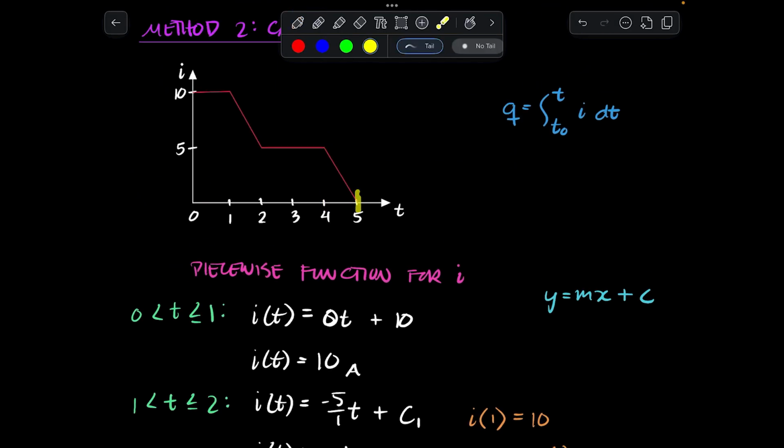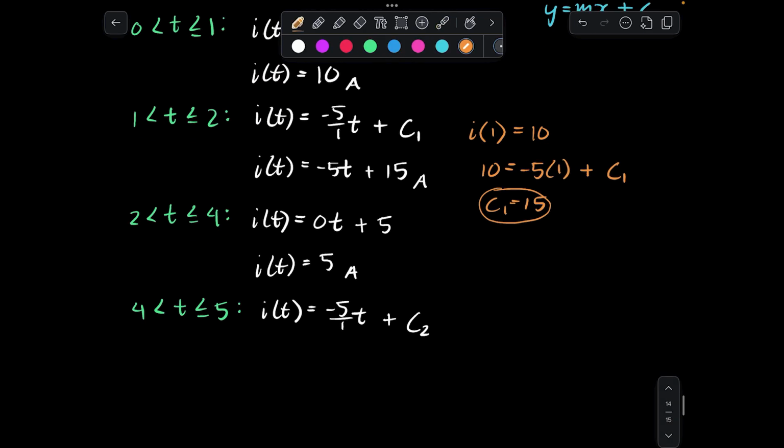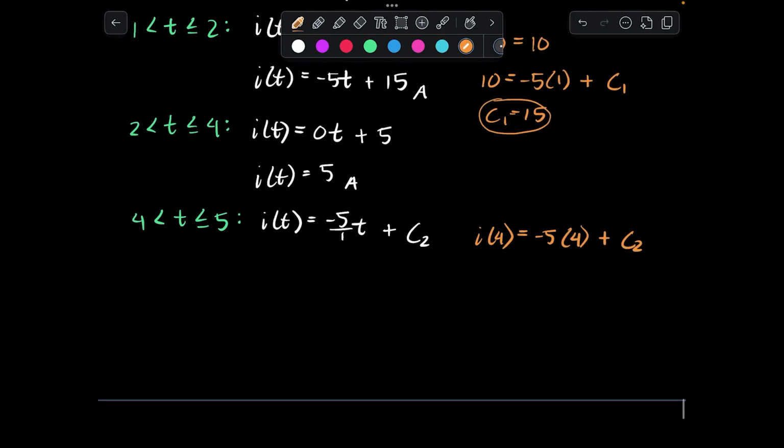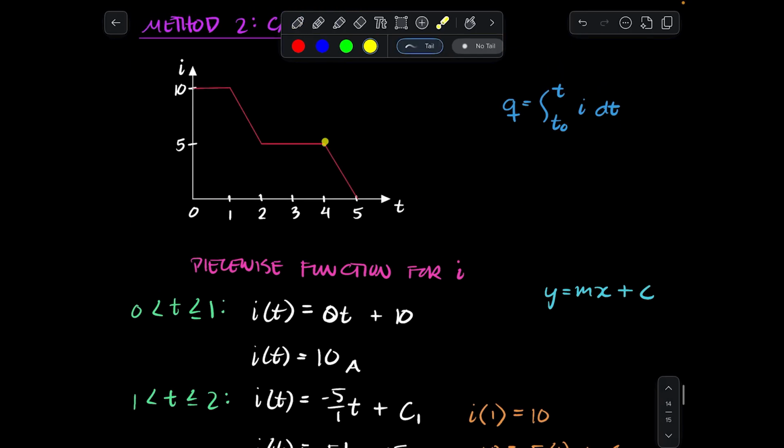So let's use I of 4. We have a clear value here for I of 4 is equal to 5, right? And so let's plug in 4 into this equation. And so we have -5 times 4 plus c sub 2. We know that I of 4 is a value of 5, as shown here.